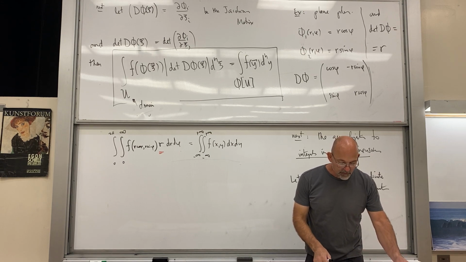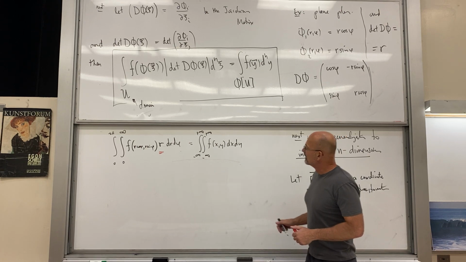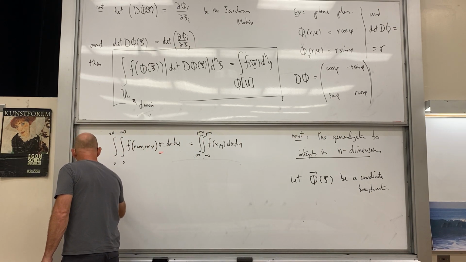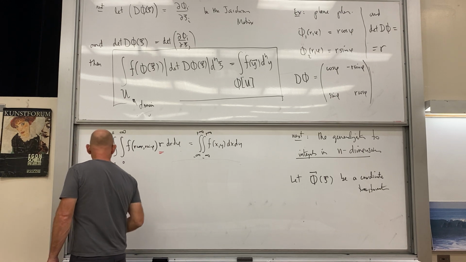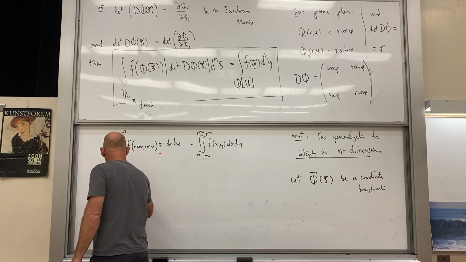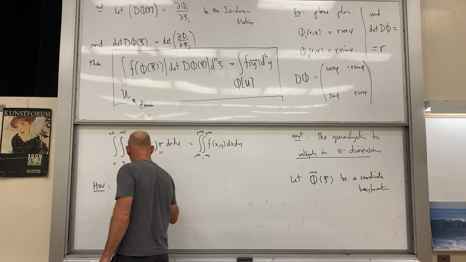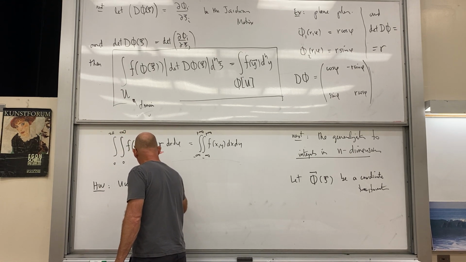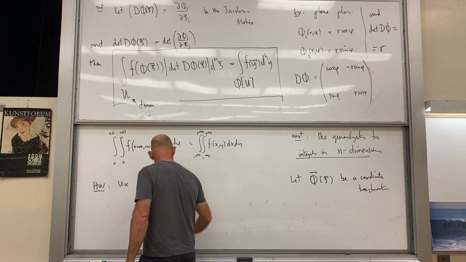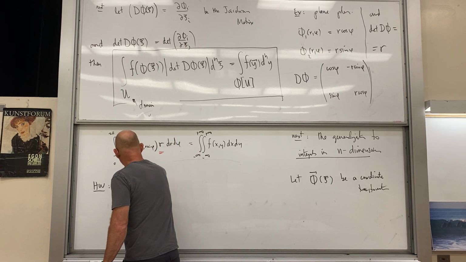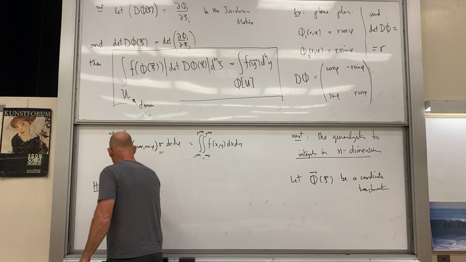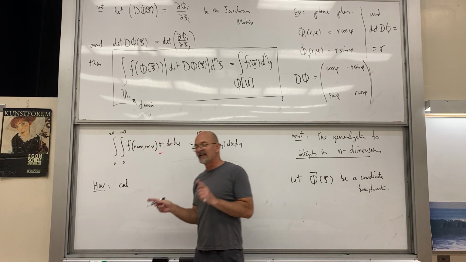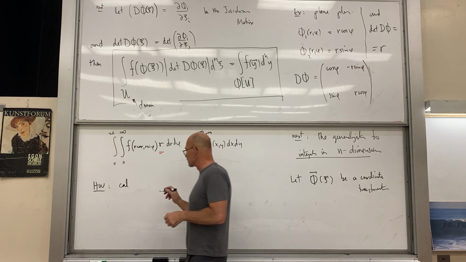So good, the transformation, and this I will put as homework. Use spherical polar coordinates to calculate the Jacobian matrix and then its determinant for spherical polar coordinates.